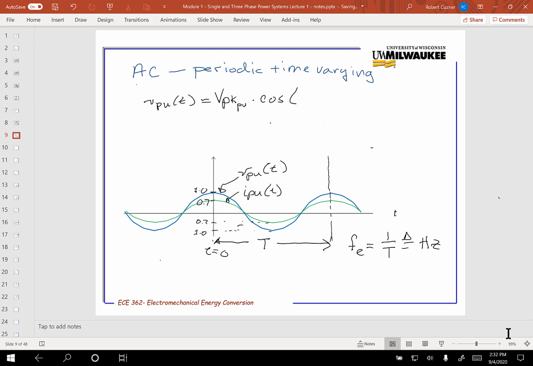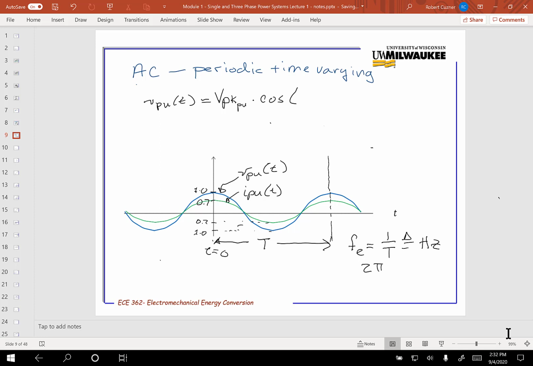And we know that a cosine is going to vary with an angle, so we have to make this angular. Essentially, there will be a period where everything repeats that corresponds to 2 pi, right?